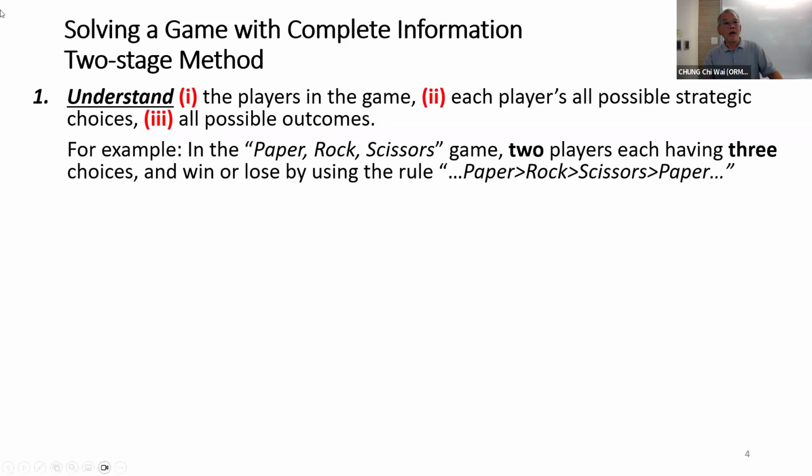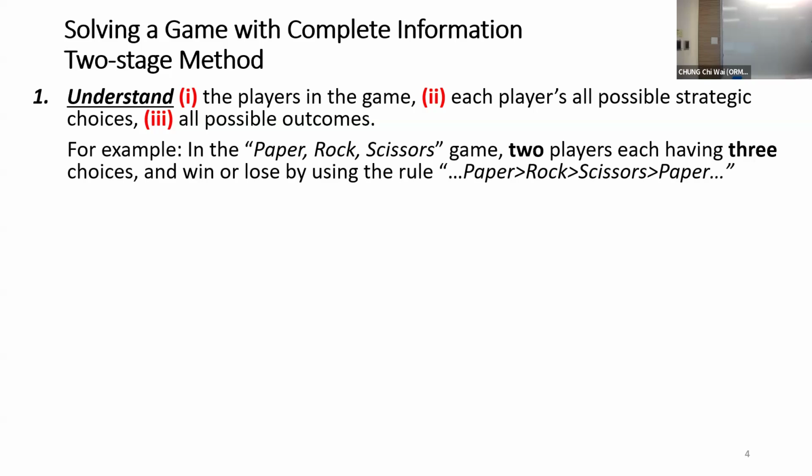So consider paper, rock, scissors, and there are 2 players. According to the rule, paper beats rock, rock beats scissors. If one player chooses paper, then the best response of the second player will be scissors.